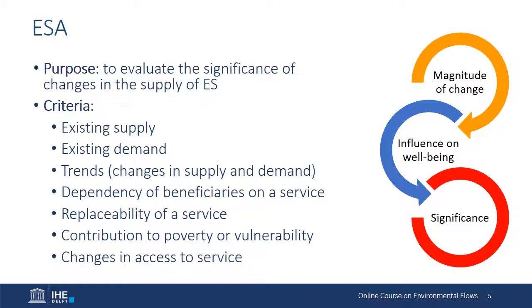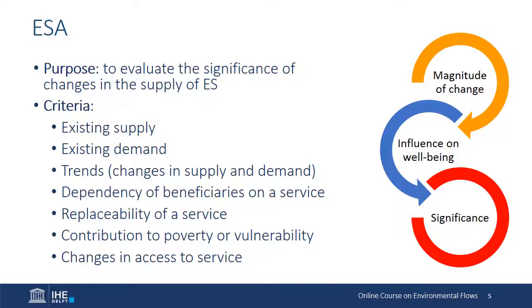We use different criteria to determine the significance: the existing supply, the existing demand, how much people are using, what is the trend on that supply or demand, how it is changing, is it increasing or decreasing, what is the dependency of beneficiaries on that service, what ability beneficiaries have to replace that service, how that service contributes to alleviate poverty or reduce vulnerability, and also are the changes resulting in access to that service for different groups.